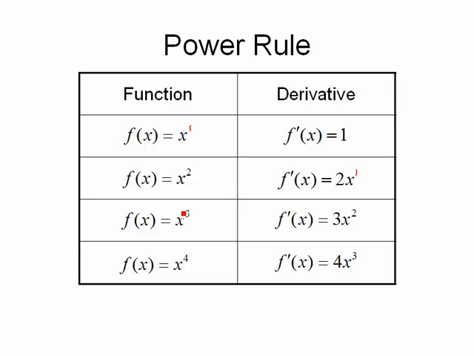If the power was a 3, in the derivative it was a 2, 1 less. And if the power was 4, in the derivative it was a 3, again, 1 less. Now, you might be worried about this first one, but what is a power 1 less than x to the first? Well, it's x to the 0. And remember, anything to the 0th power is 1. So it also fits the pattern.